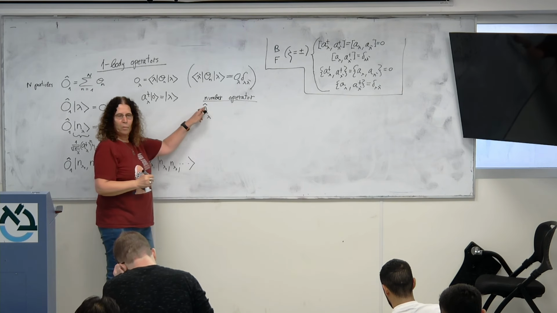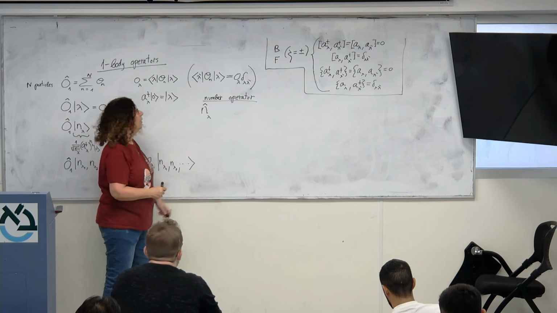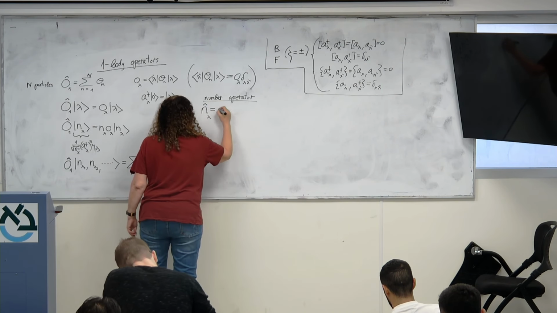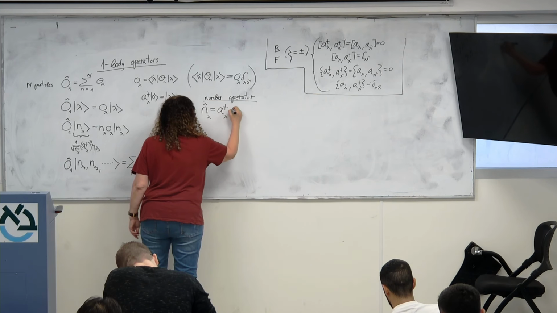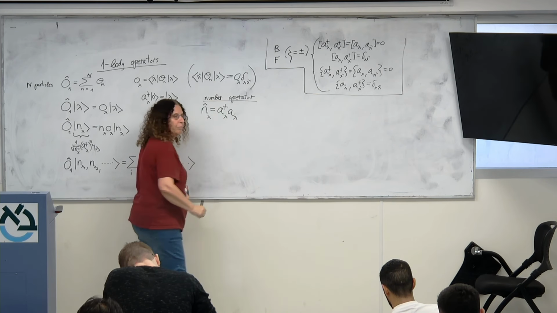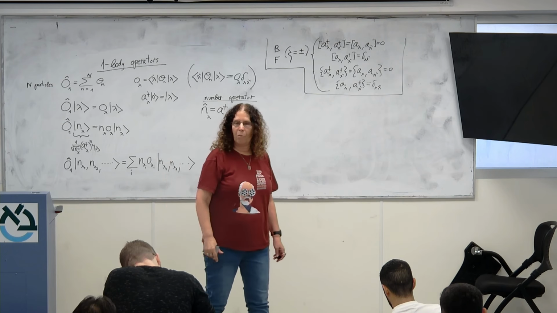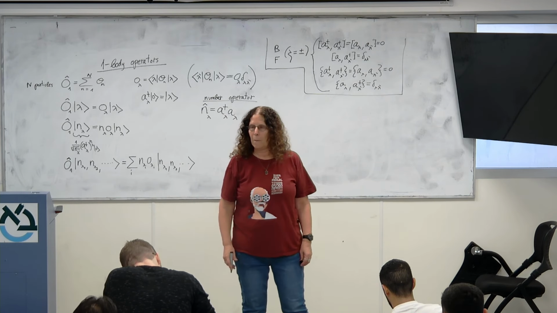Note that the hat means that it's an operator. It is defined to be a lambda dagger a lambda, which is something you have already seen for the harmonic oscillator, right?